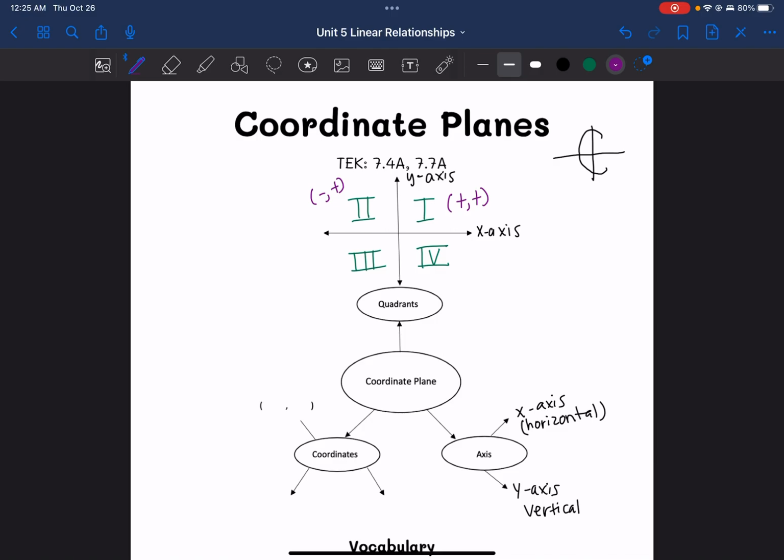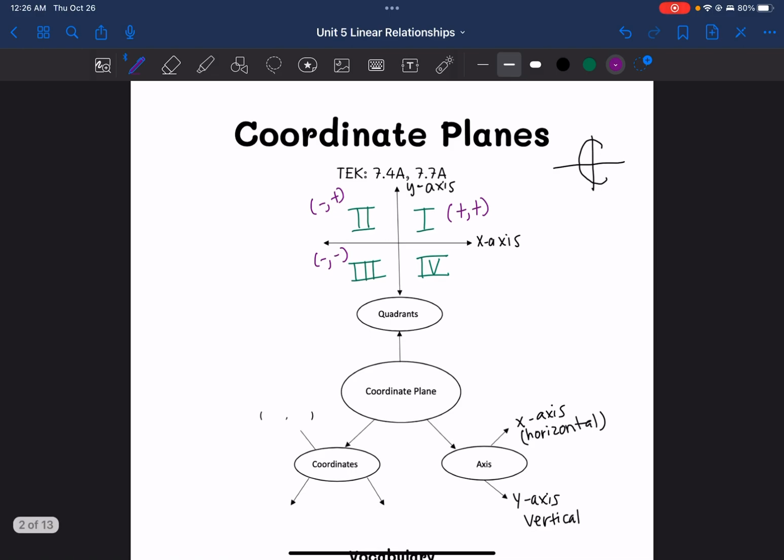You're going to the top, or you're going up, which is positive, okay? So left is negative, right is positive, up is positive, down is negative. Okay, quadrant 3 is going to be negative, negative, and then quadrant 4 is going to be positive, negative.